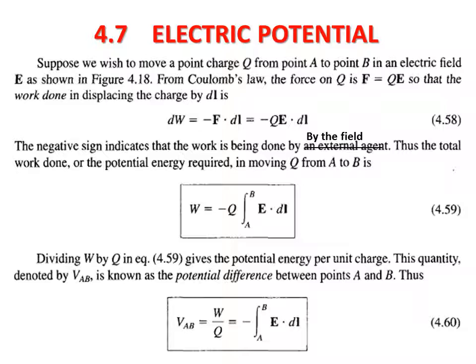Dividing W by Q in equation 4.59 gives the potential energy per unit charge. This quantity, denoted by VAB, is known as the potential difference between points A and B. So, if we rewrite the equation, VAB = W/Q = -∫ from A to B of E·dl.